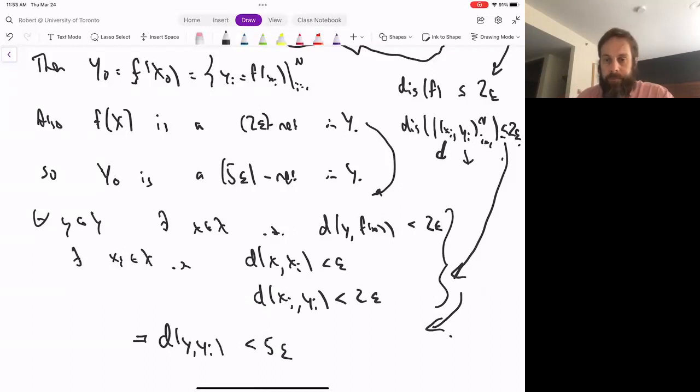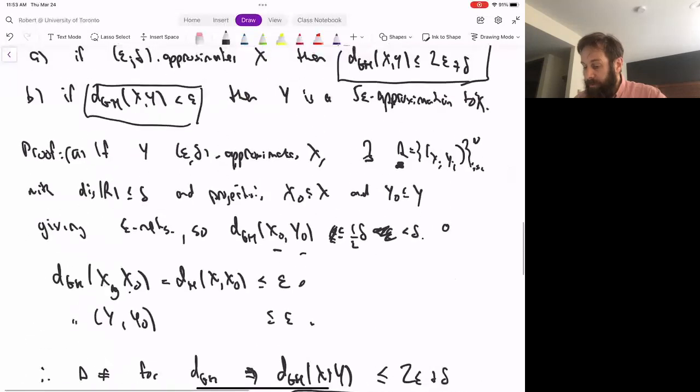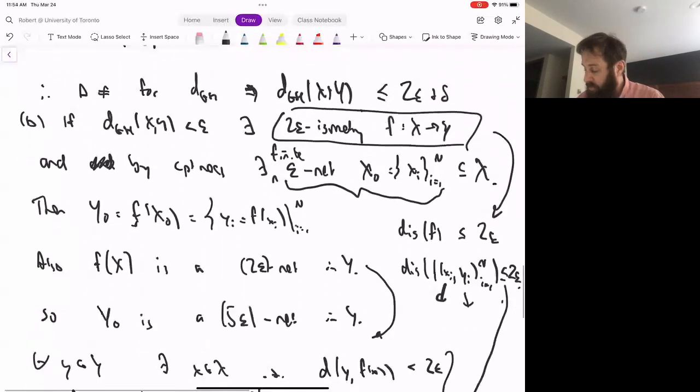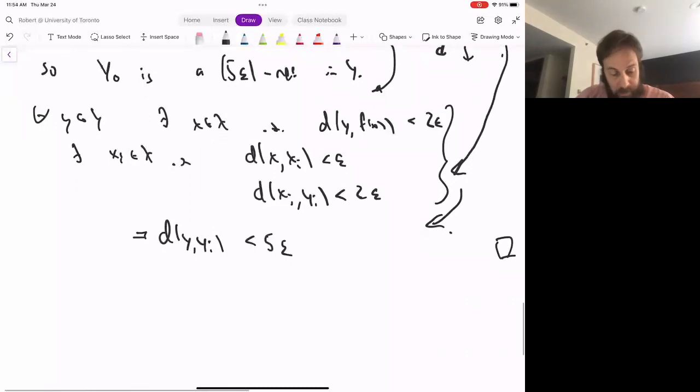All right. So we've just shown the equivalence of convergence in the sense of arbitrarily good epsilon-delta approximations and Gromov-Hausdorff convergence. And so basically what that allows us to do is to give a criterion for Gromov-Hausdorff convergence of metric spaces in terms of convergence of finite subsets.